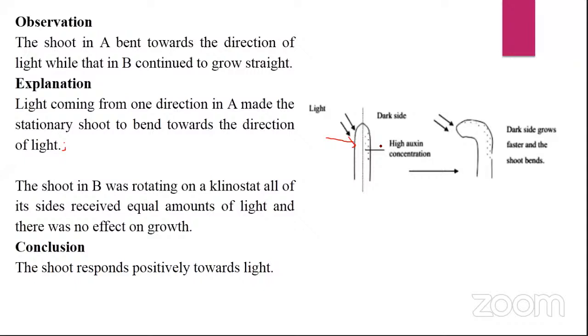No. What I mean is oxygens, particularly in shoots, make the side where they have accumulated more often, the cells there divide, and that is what makes it bend, because this side elongates more than this part. So that's what makes it bend.